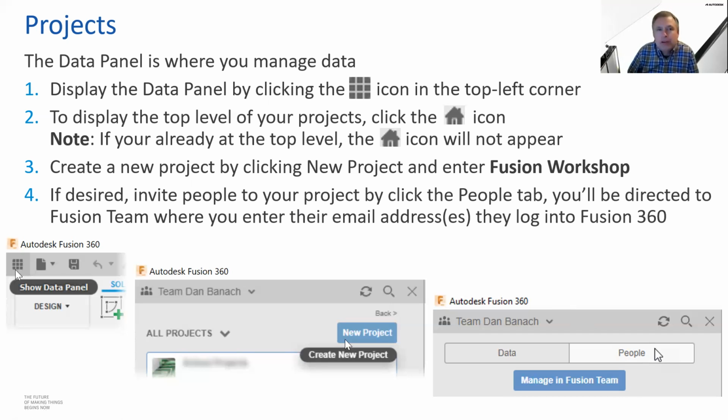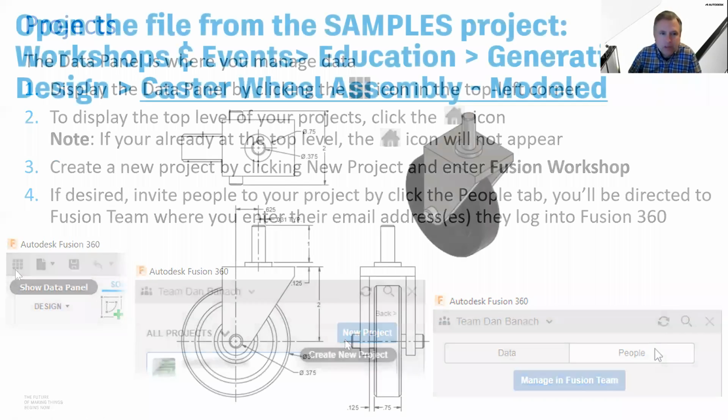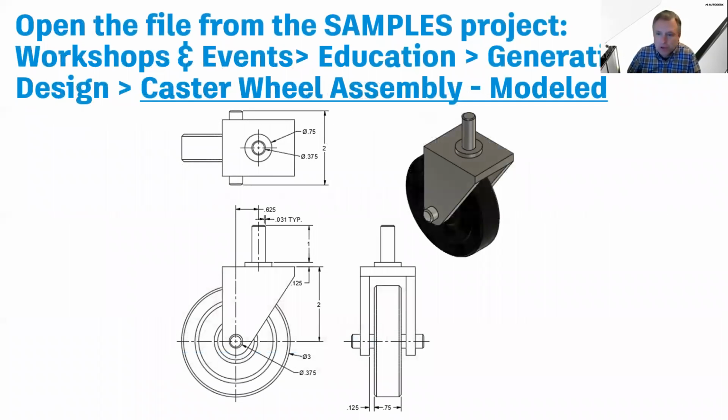Now we have folder level projects, so we can control roles at each folder, and we're going to do that through Fusion Team. So right down in the bottom part here, just be aware of that. It's not going to affect anything that we're doing today, but I just wanted you to be aware of that change.